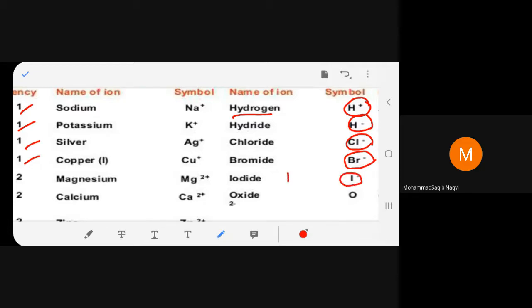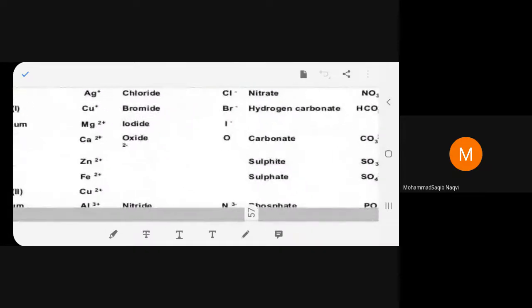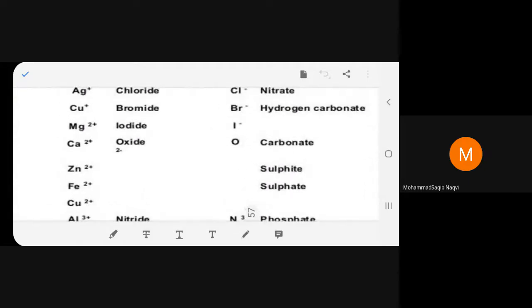Remember that. Oxide O2 minus, valence is... Is it understandable? It is O2 minus, so valence is 2. Is it clear? Then we have nitride, that is 3 minus. Valence is 3.